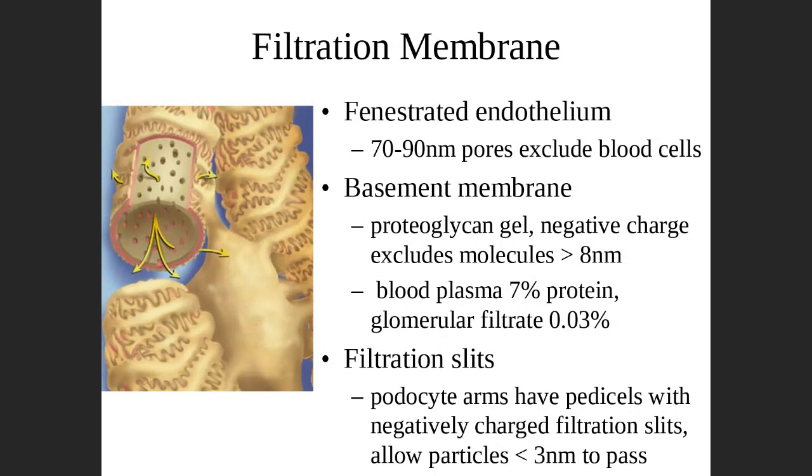A red blood cell is about 7 micron. Nanometer is 10 to the minus 9, micron is 10 to the minus 6. And because the basement membrane has proteoglycan gels, it cuts out even some smaller molecules.